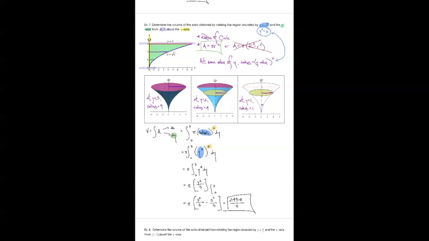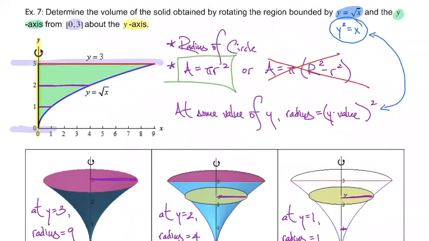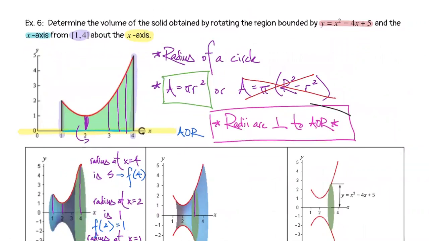All right, before we move on to example 8, I want to do one quick check. And that is, in example 6, I had asked us to write this down. The radii are perpendicular to the axis of revolution, right? We had these purple lines, and every single one of those purple lines was perpendicular to the axis of revolution. And so I want to see if that's still true in example 7.